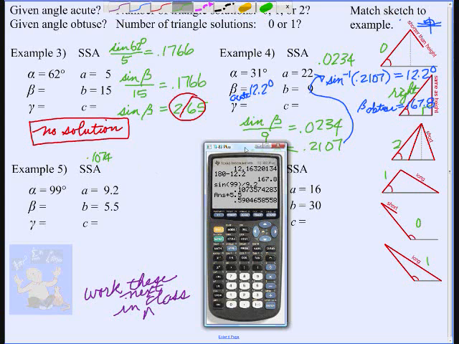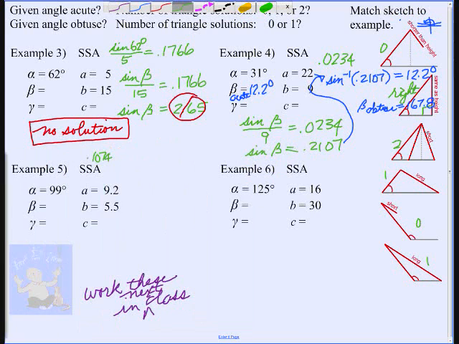So that's the sine of beta. Now, okay, sine of beta equals 0.5905.